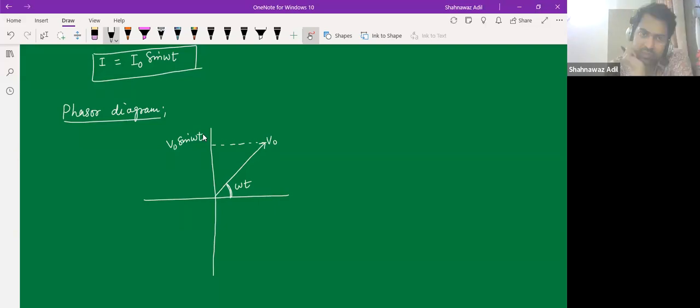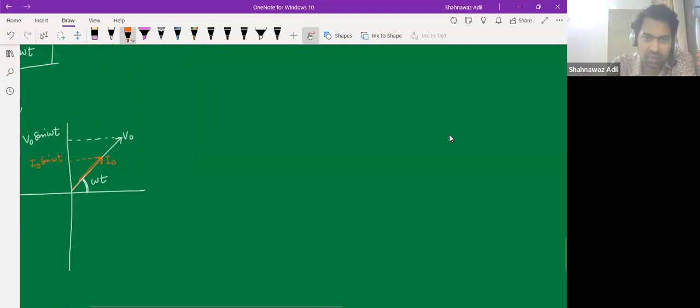And with this same angle, there is this current, I naught. So this would be I naught sine of omega t. We can clearly see that there is no phase difference between current and voltage. And now we want to draw the graph of these two functions.